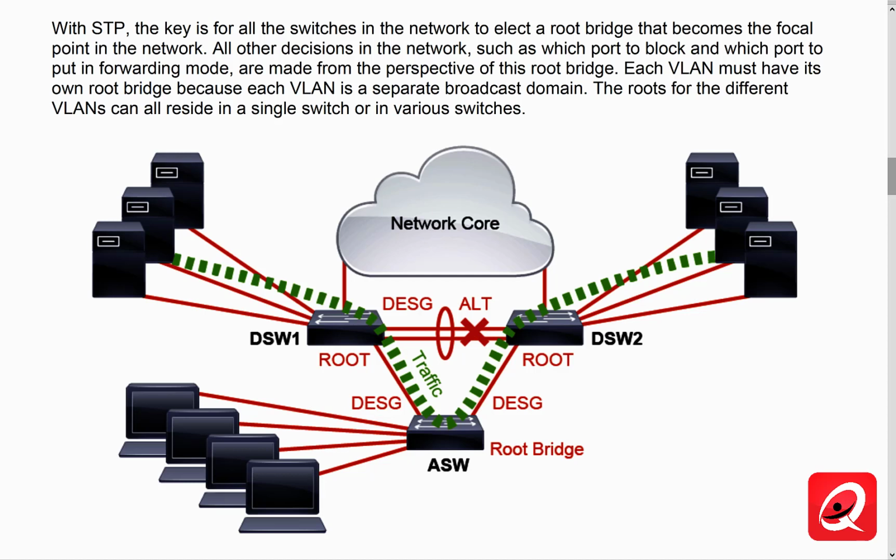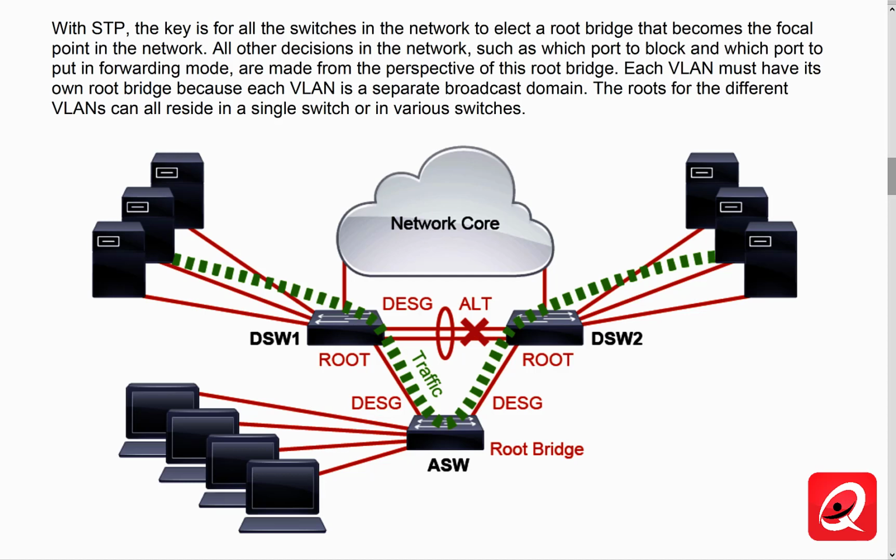The root of the spanning tree domain, I should say, is based on two values, either priority or MAC address. Priority is a value that you can configure, obviously, whereas MAC address is burned into the switch and not something that you would configure.